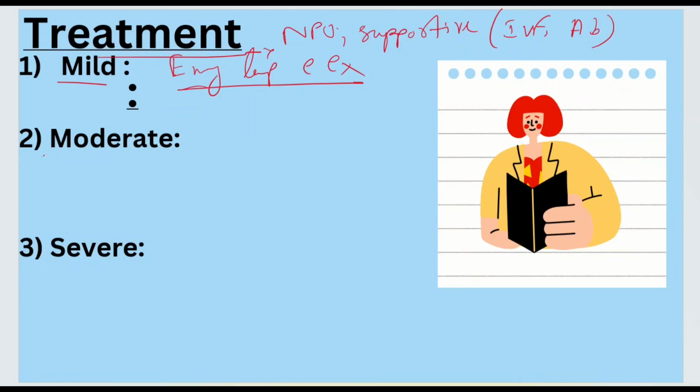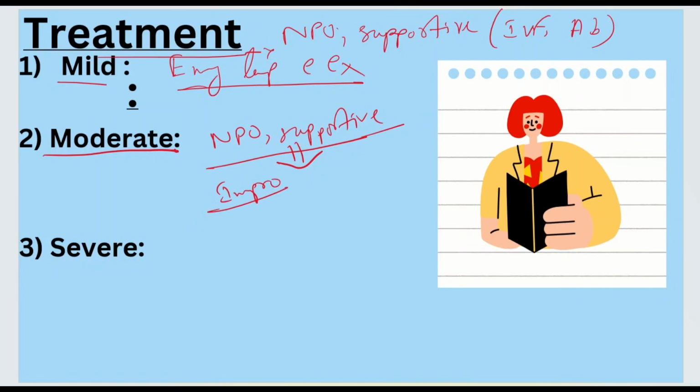For moderate cholecystitis, first of all, definitely we keep the patient NPO and give all the supportive care. That means antibiotic, IV fluid, resuscitation, everything we do. After that, if the patient is improving, then we can go for lap cholecystectomy, if it is an advanced laparoscopic center.